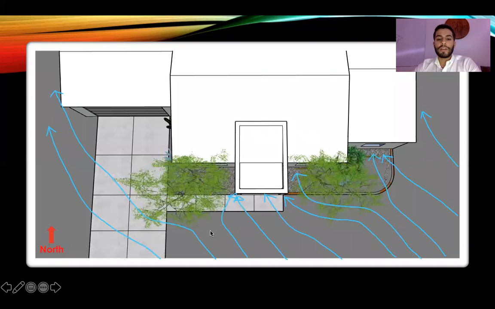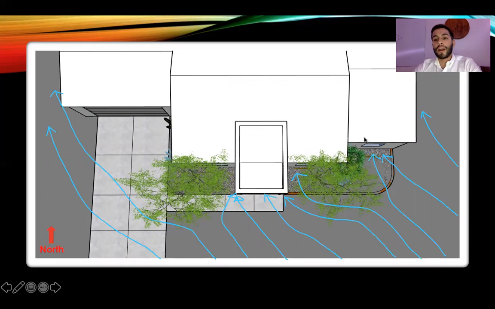So here you can see, again, down the middle, a natural Venturi effect, how these 2 trees are going to funnel air into your home, as well as block some air on the left side in order to reduce or even eliminate that eddy in the corner.